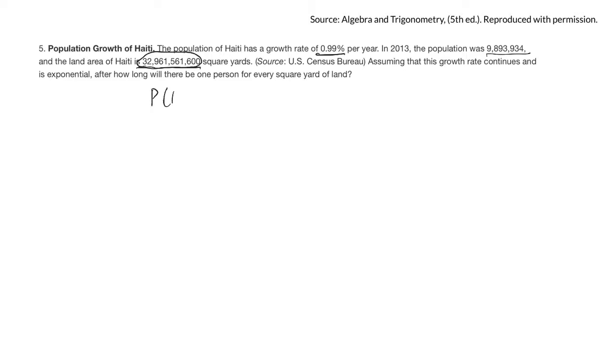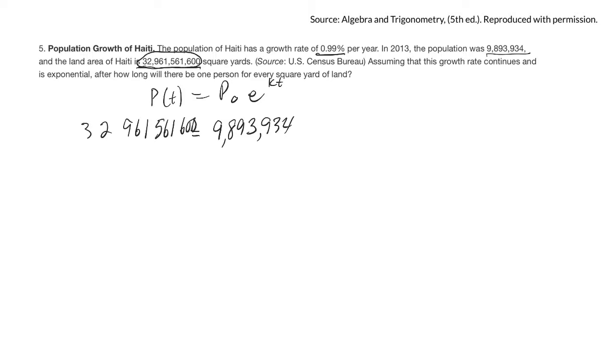So my formula: P0 is what I start with. So it'd be 9,893,934 is equal to, and this number, 32,961,561,600. Did I write that number right? I think so. Okay, e to the k, here's k, 0.0099 t.